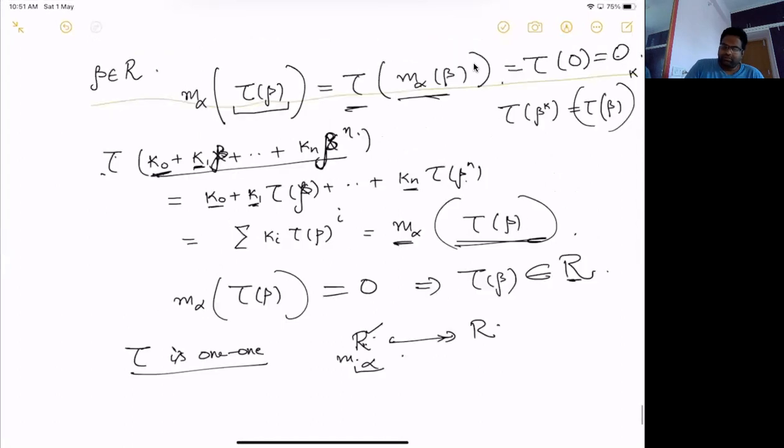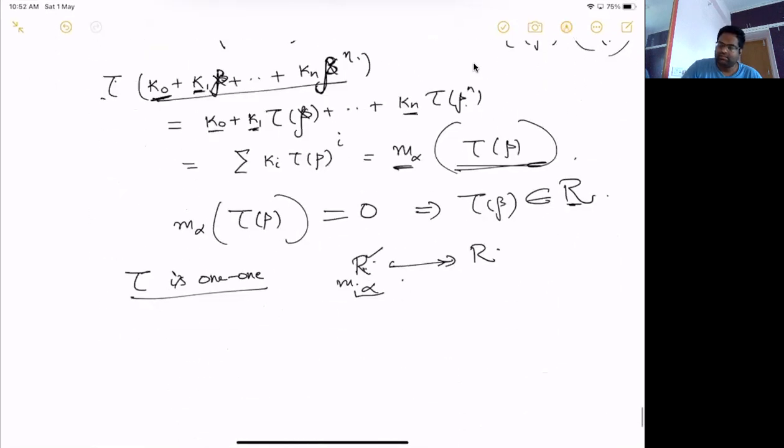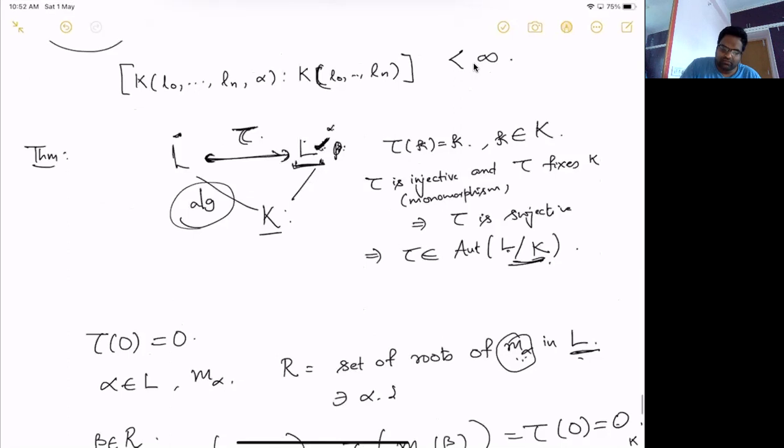Okay. So in particular, since each and every element of L can be realized as the root of some minimal polynomial over K, you see that this thing is hit by some element in here. That is to say, tau is surjective.